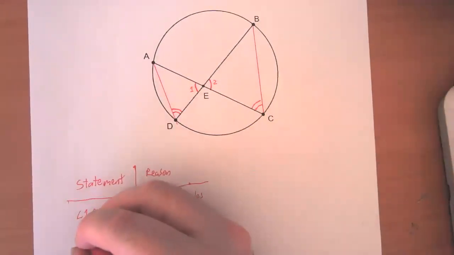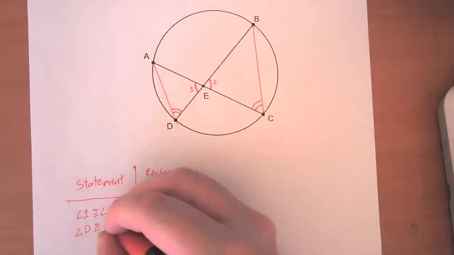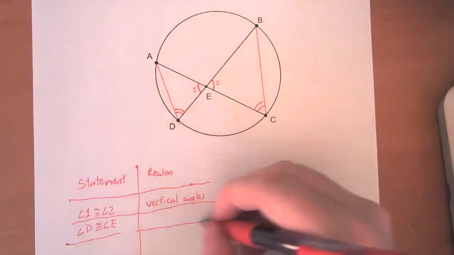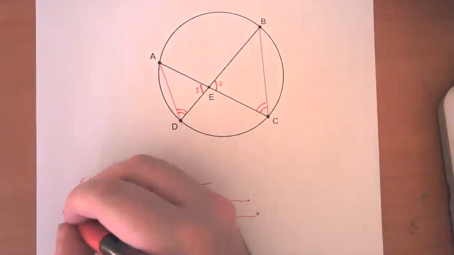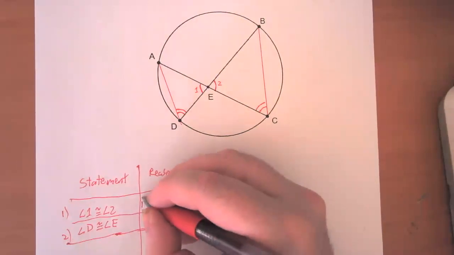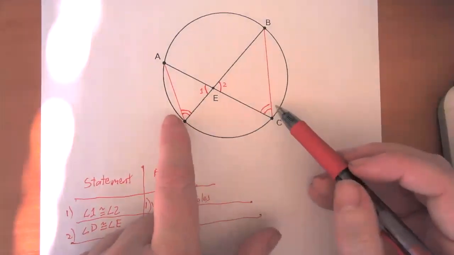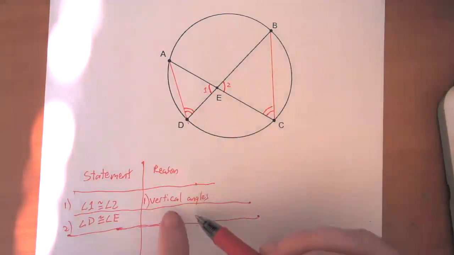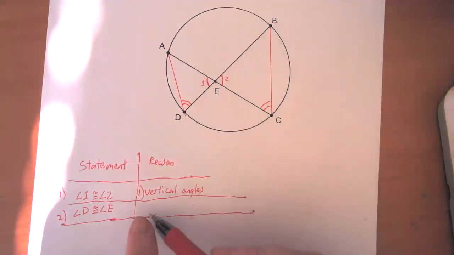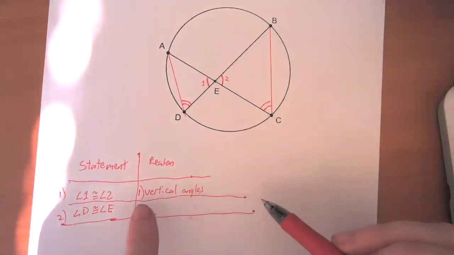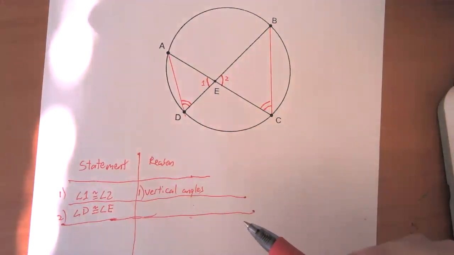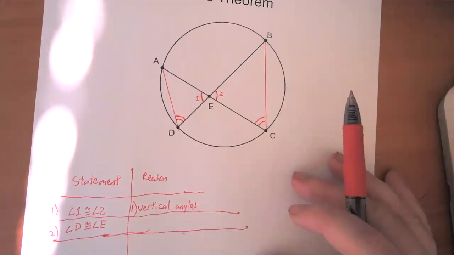So I'm going to say angle D is congruent to angle C. Now, just noticing that in GeoGebra, and noticing when you drag all of the points around, it stays true, that's not a reason we can put down here. You know, I observed it in a whole bunch of different cases is not a logically sound reason, because there might be some case where it doesn't happen that's not quite clear to us. So we've got to come up with a better reason than that.